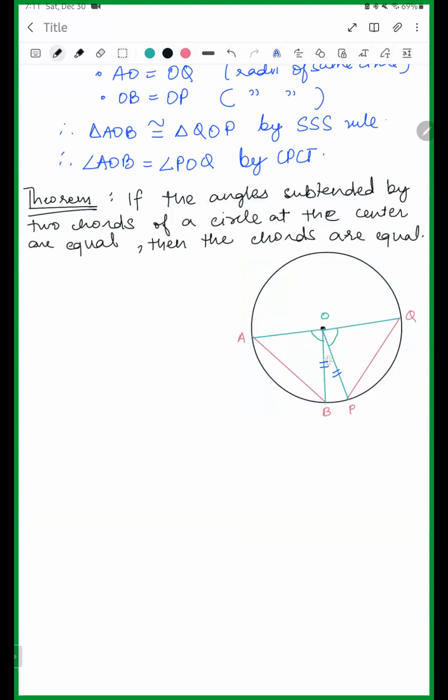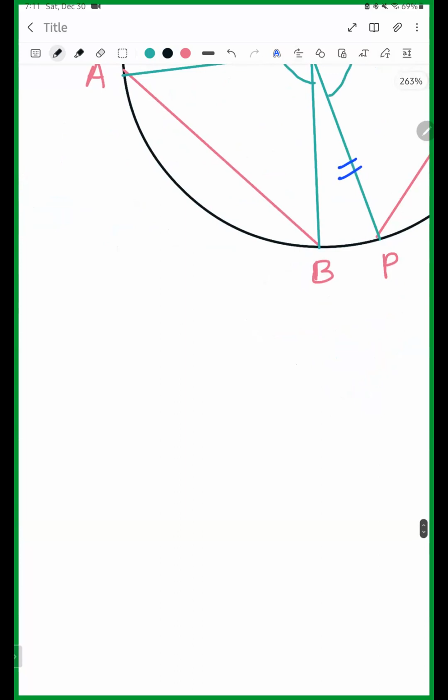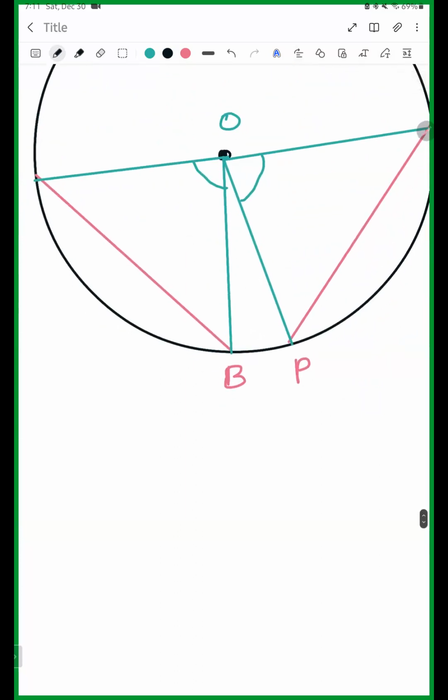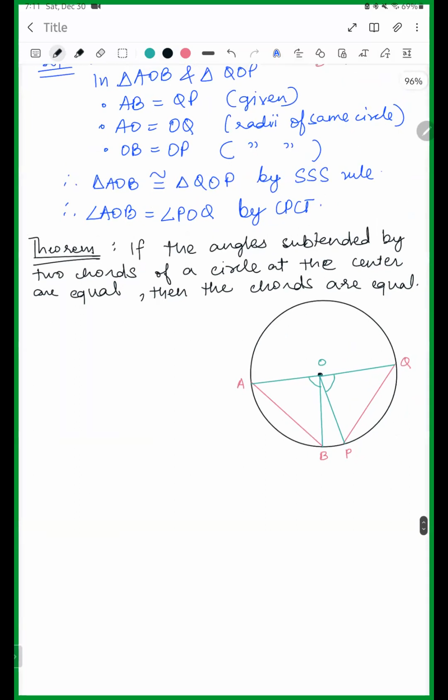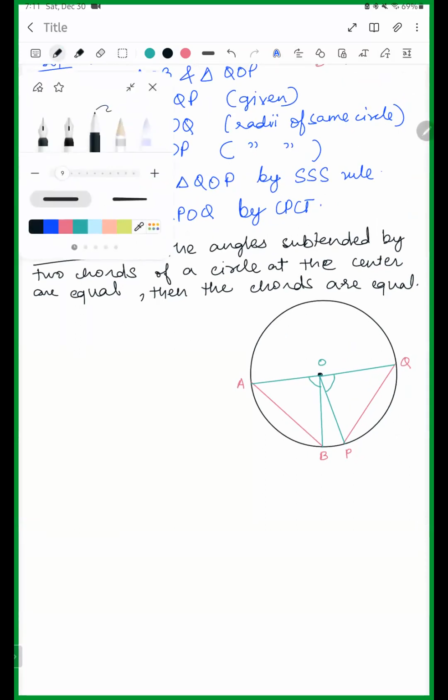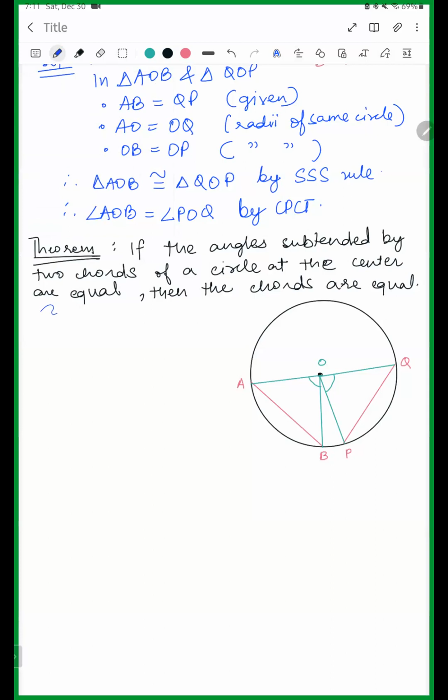Okay, so now, who will tell me how are we going to proceed? First, let's write what's given.